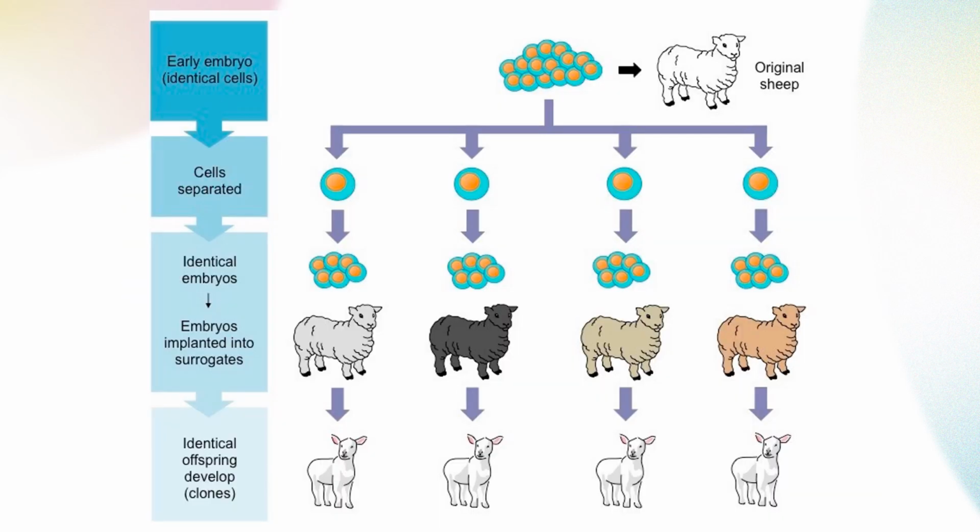So we have our original shape that is in the embryo stage. We separate those cells, they are grown, probably in a lab, developed, put into a surrogate. So we put each of these embryos into a surrogate. That embryo develops into the offspring, and these offspring are all genetically identical to each other.